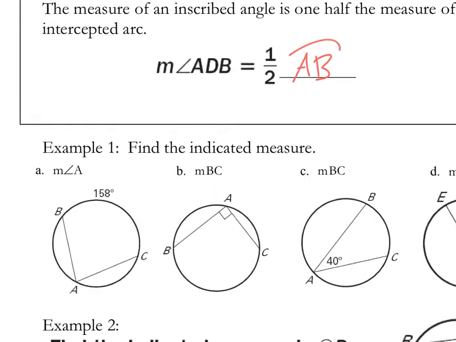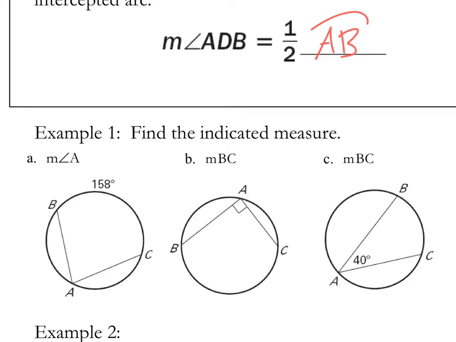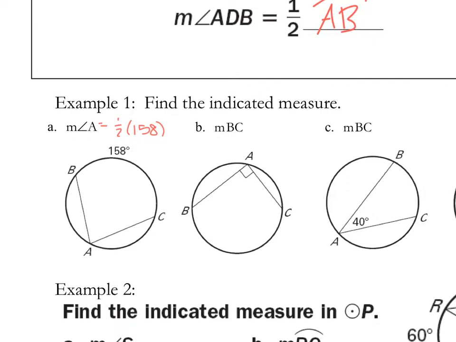So if I look at here, my angle is angle A. It equals 1/2 the arc, which is 158. So the measure of angle A, I take 1/2 times 158, and I get 79 degrees. This should have an arc above it.